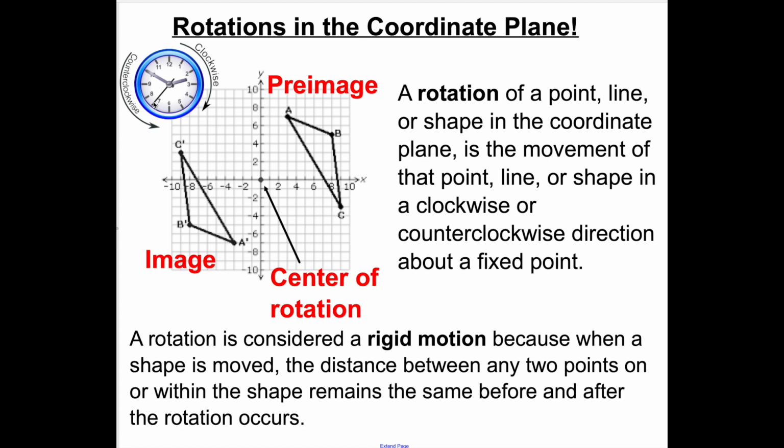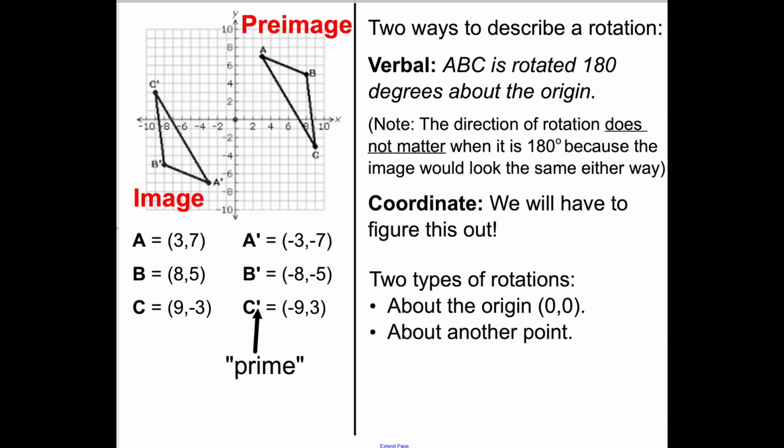Okay, so let's go ahead and take a look at some notation here. And we're going to see how do we talk about rotations. So similarly with reflections, there are two ways to describe rotation. We can talk about a verbal notation.